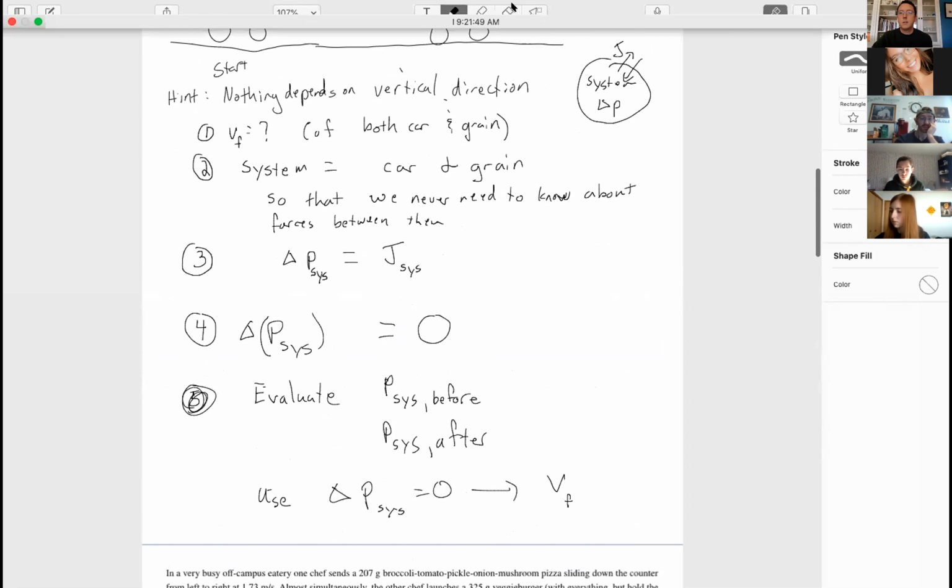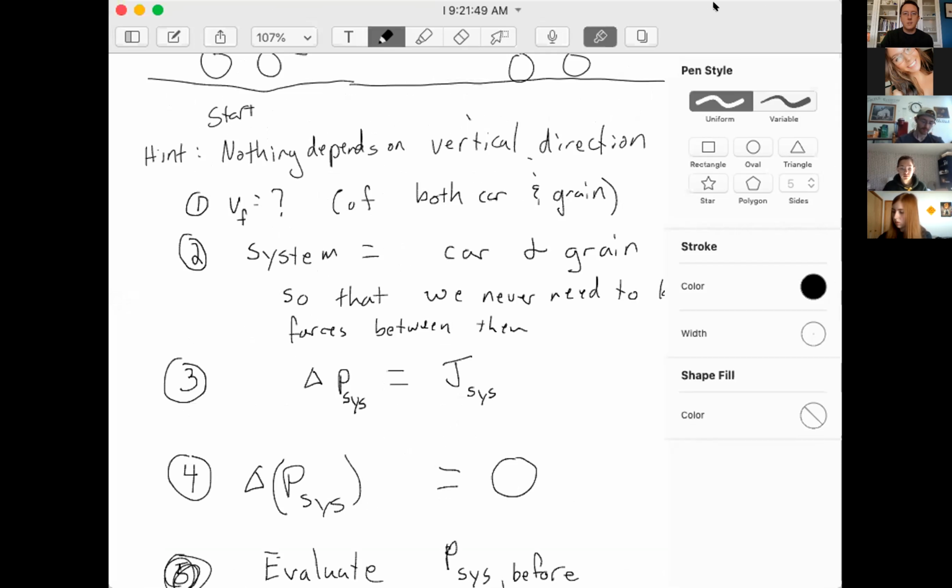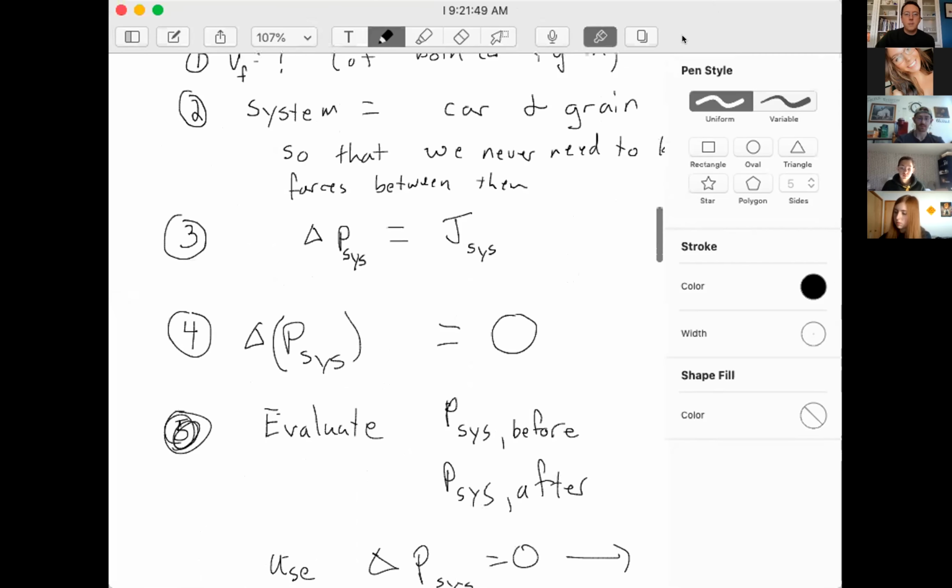Where's my toolbar? All right. I know what I want to do. Sorry, I'm struggling to find as I go from place to place, I lose tools. There we go. Okay, so let's go through this one.